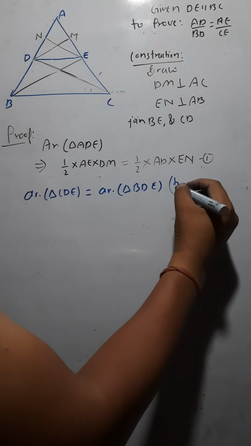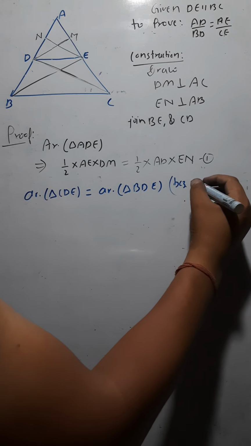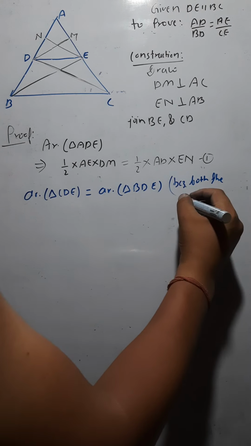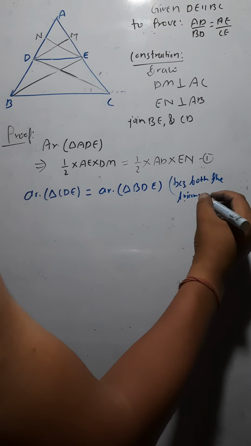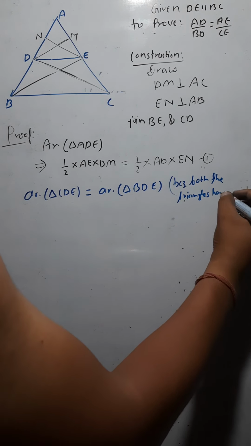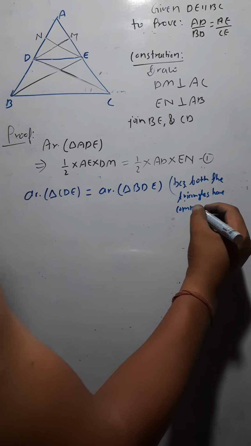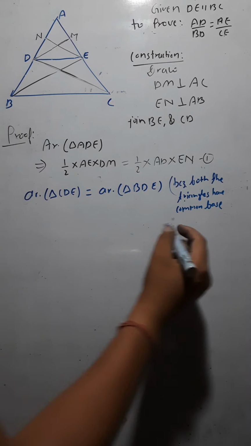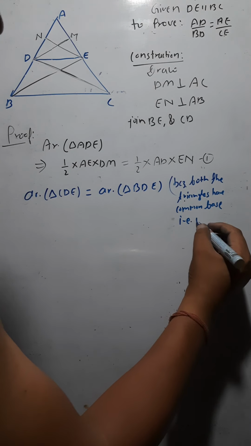So right here, because both the triangles have a common base, that is, what is the base here? DE.